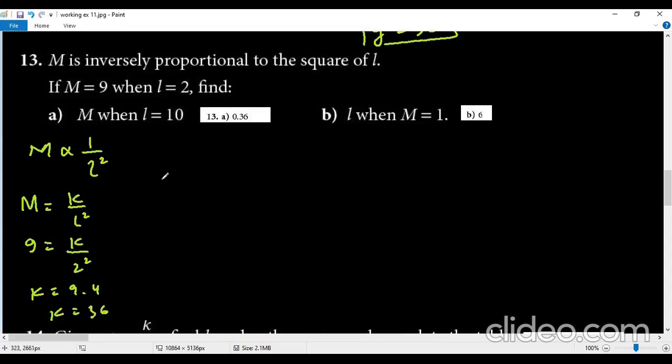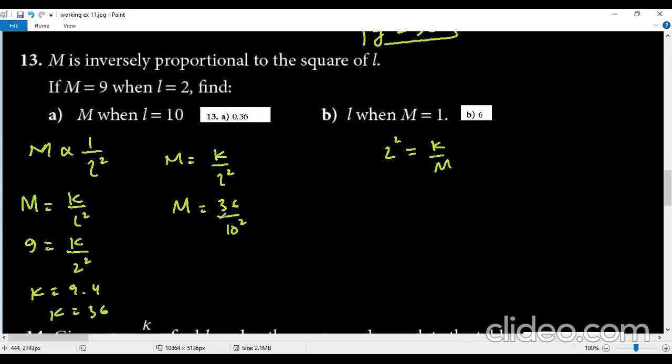And now we need to find out M equals k over L square. And here we need to find out L. So L square equals k over M. Now in here, value of k is 36 and L is 10, 10 square.